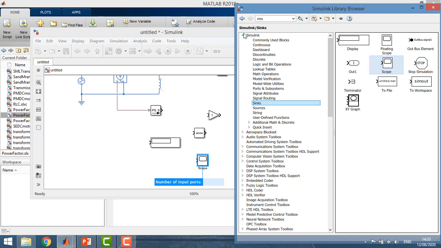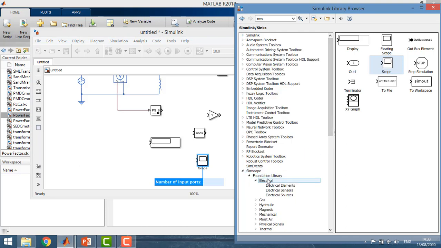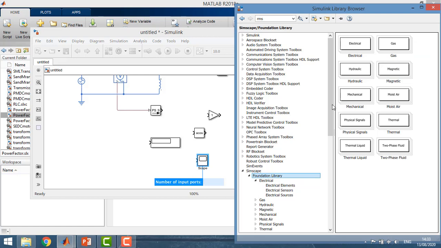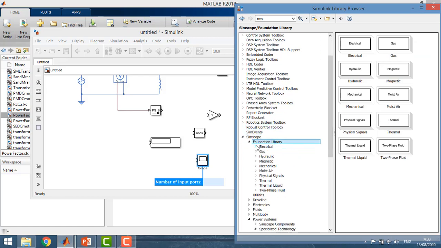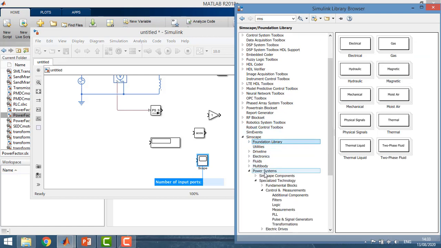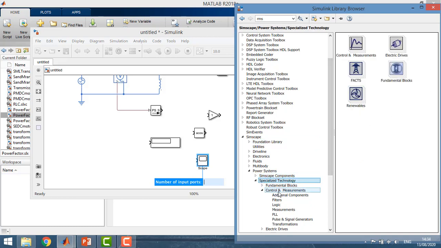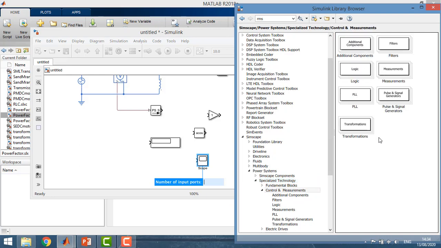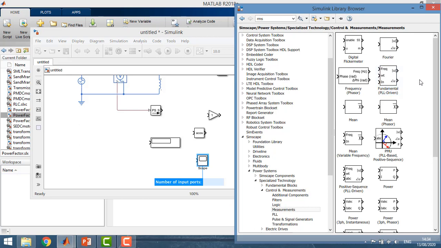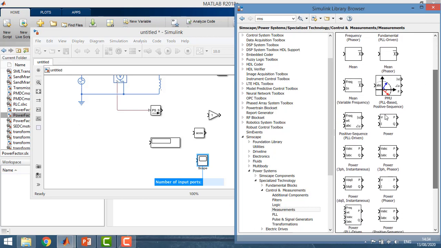An important component we'd like to have is the block that calculates the active and reactive power, which is this one.